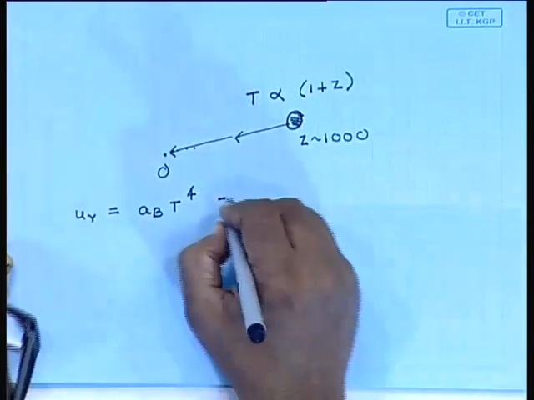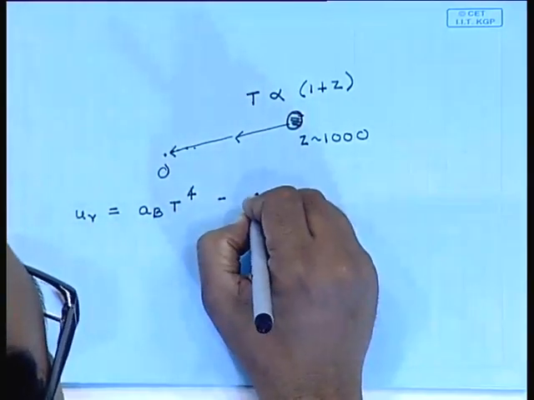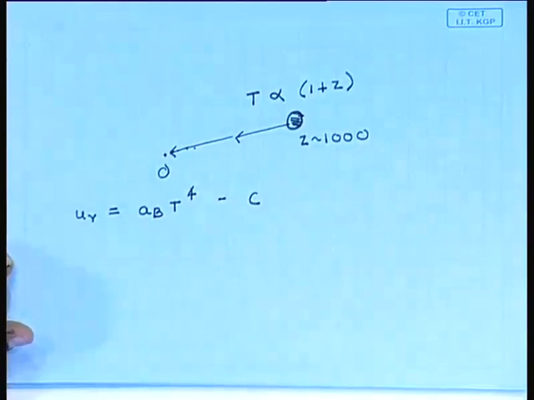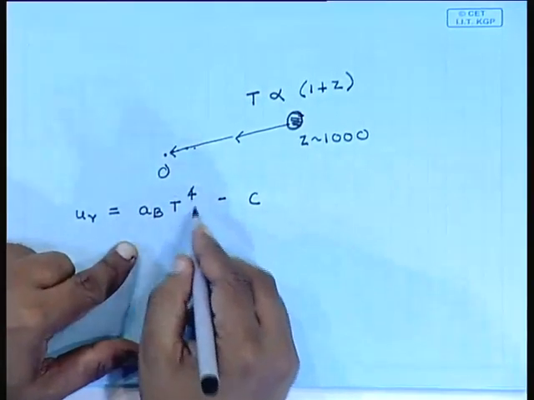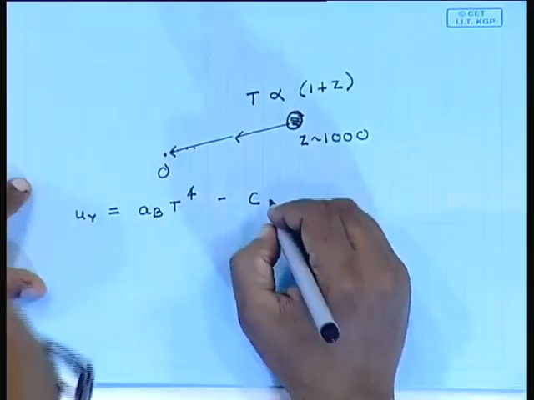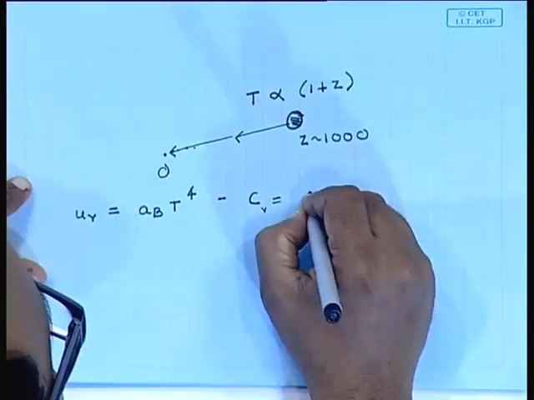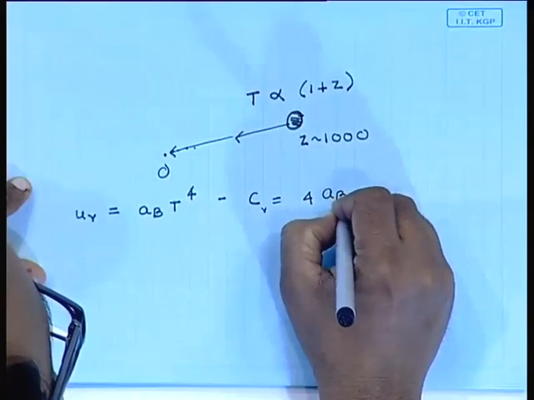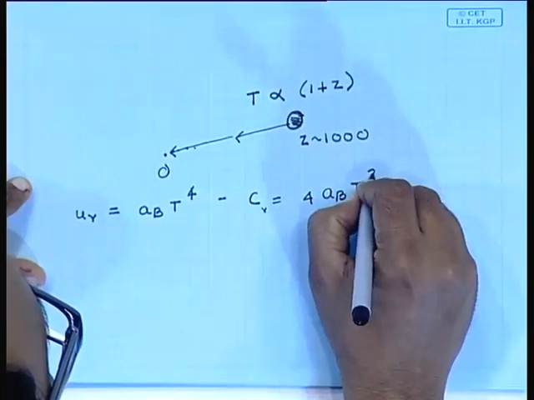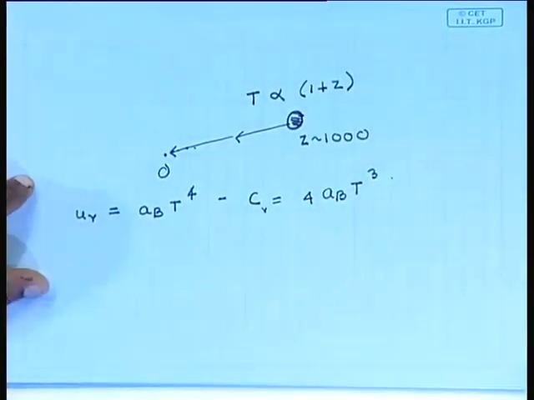This is the energy density. To calculate the specific heat capacity, you have to differentiate this with respect to temperature. So, the heat capacity at constant volume is 4 times the Boltzmann constant times T cube. That is the heat capacity of the CMBR.